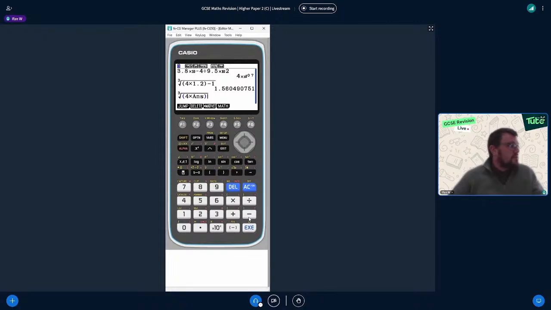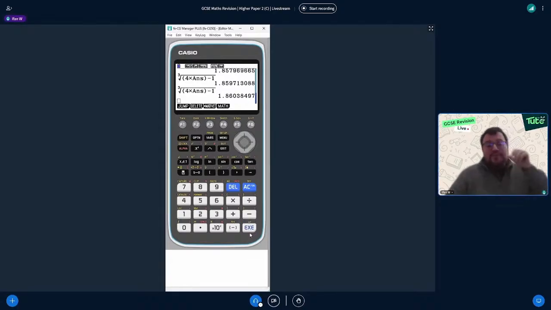Close the bracket. Take away the 1. I remember to take away the 1 this time. And then enter again. Now, that's all you have to do. Now, just keep pressing enter. And it does it for you automatically. That's why it's handy to have a scientific calculator.